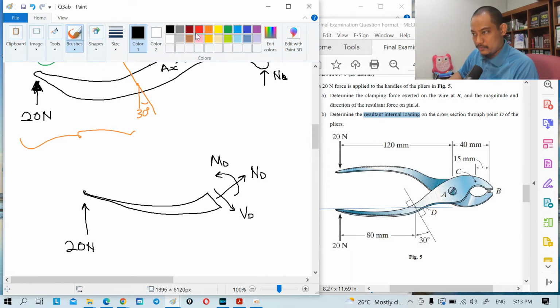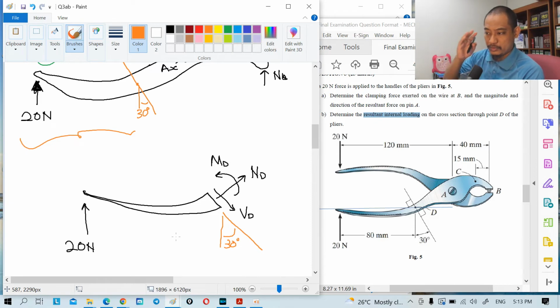Now in terms of the direction, because this is slanting at 30 degrees, you have the option whether you want to use horizontal and vertical, but that means a simultaneous equation that I don't like. So I prefer to use, let's say this is my x-axis, this is my y-axis, so that V is in the x-axis and N is in the y-axis.